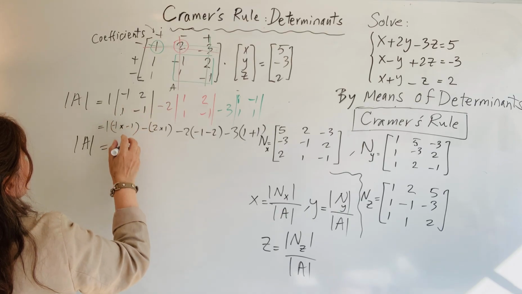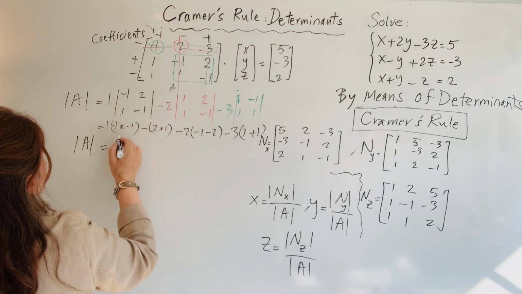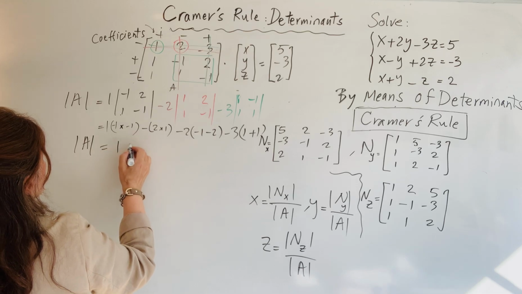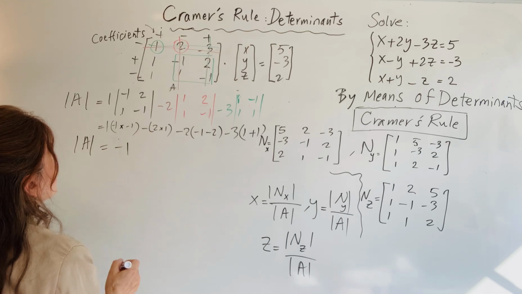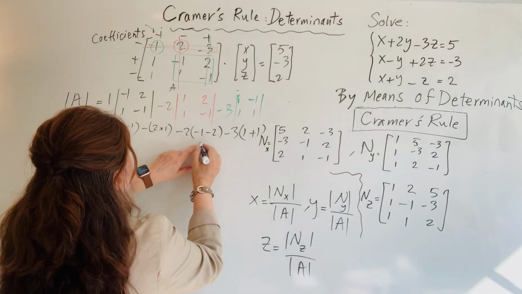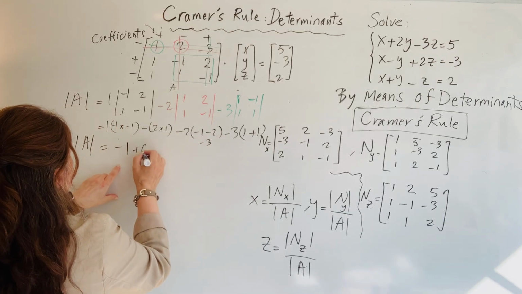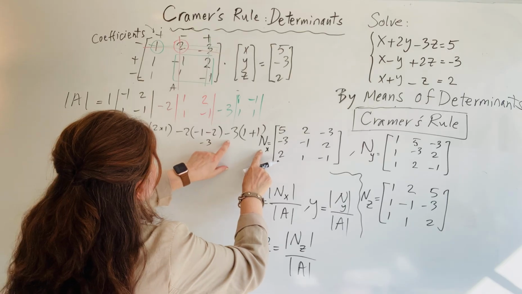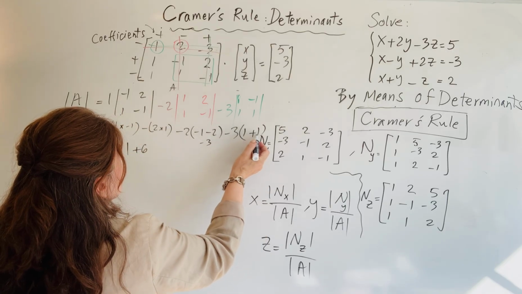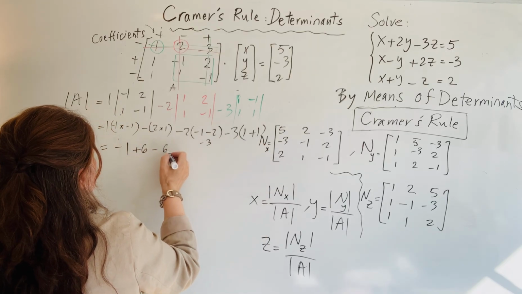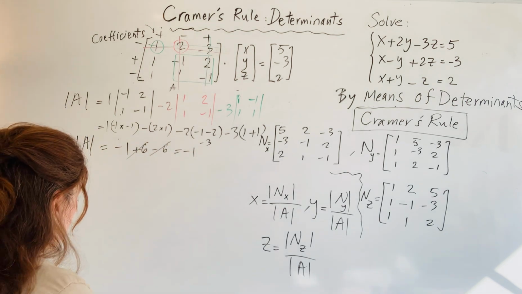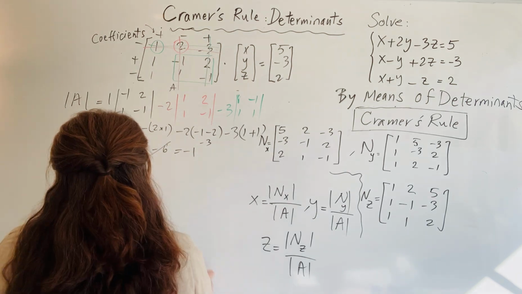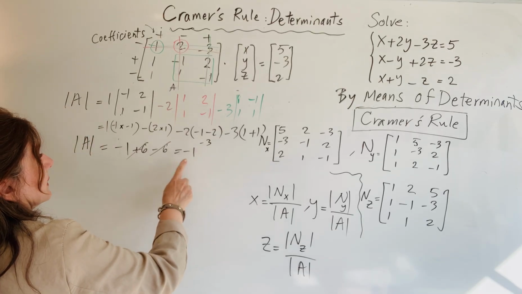This is negative 1 times negative 1 plus 1 minus 2, which is negative 1. Then negative 3 times this plus 6, and 1 plus 1 is 2, times this is negative 6. The answer is negative 1. The determinant of A is negative 1.